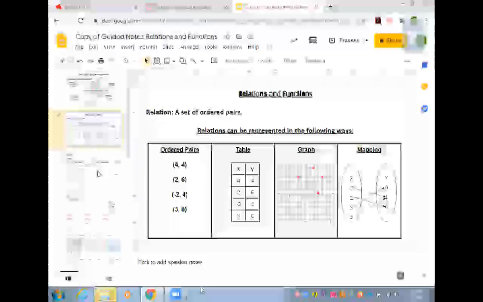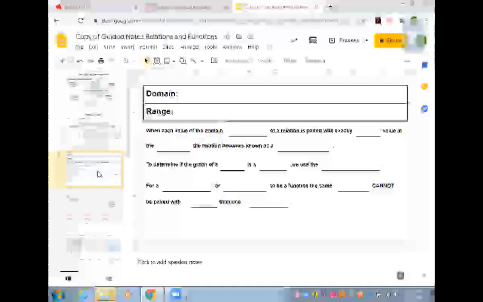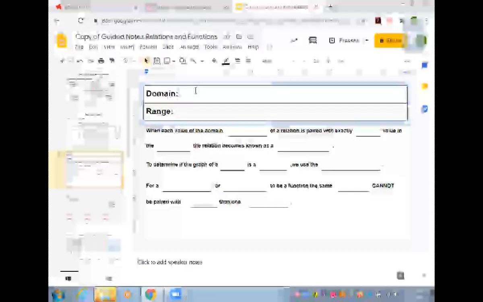Okay, so let's move to the next one. All right, so with a relation, we like to talk about some of its key features, and one of those is domain. Do you remember what the domain is? We've been talking about ordered pairs, right? So it's got to be either the X or the Y. Which one was the domain?